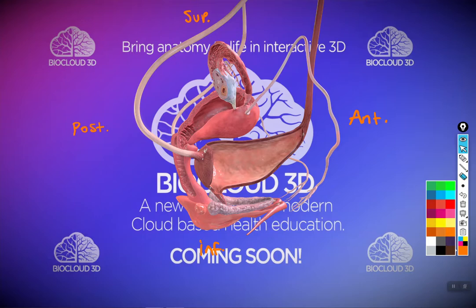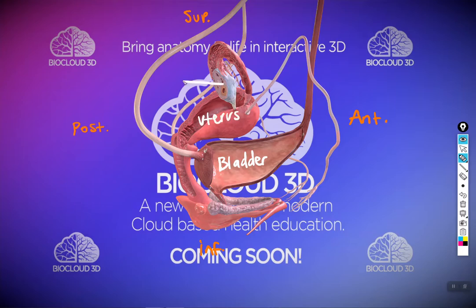So this is the bladder, and this is the uterus, and that is an ovary. These tubes, there's one per side, are the ureters, which is the tube that brings urine to the bladder from the kidneys.